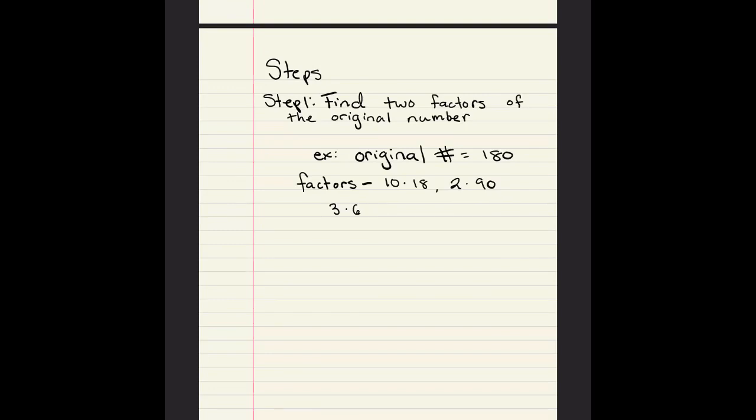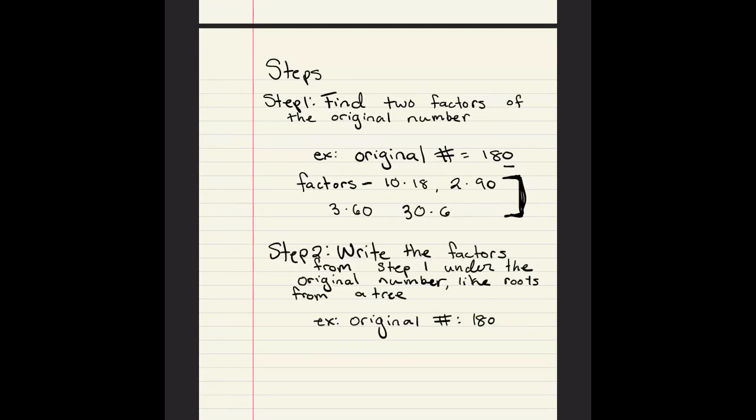And it would work vice versa too. It could be 30 times 6. And there are a few more you could do. I'm not going to list all the different factors of 180, but you could use all of these numbers. We're finding 2 factors, so you just have to find 2. And if it has a 0 at the end, I'm going to use 10 because I think that's the easiest. But you could use any of these because these all multiply to get 180.